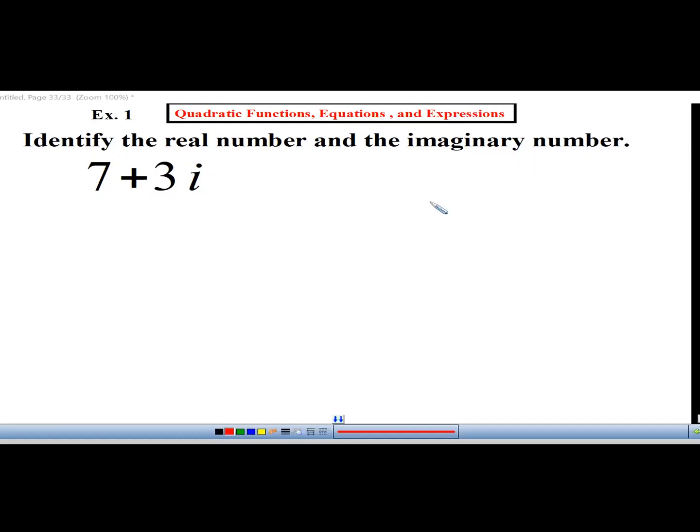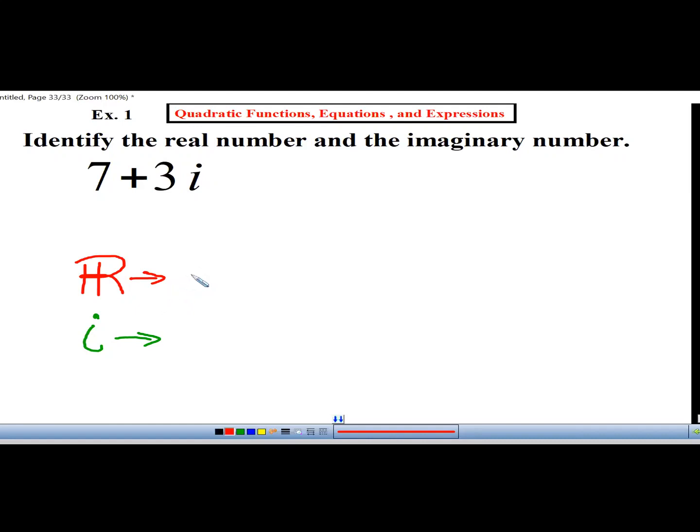All right, here we go. Identify the real number and imaginary number. So check this out. This is what I'm going to do. Down here, I'm going to write 2 lines down and then the letter R. That is a symbol for real number. And a little i is for imaginary. So the real number. What's our real number, Alberto? What's the question? What's the real number?